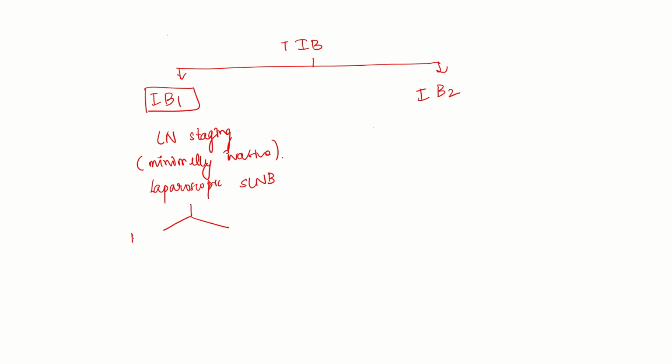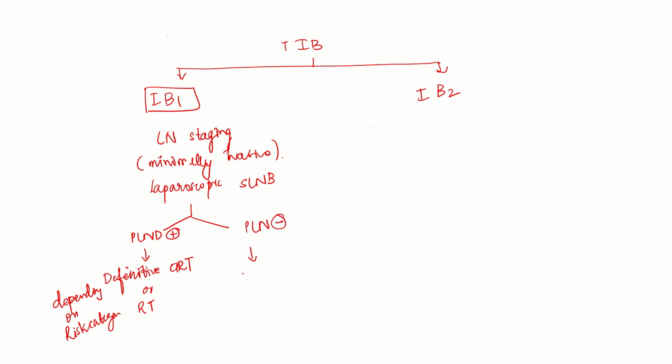If the pelvic lymph node is positive, then these patients should undergo definitive CT-RT or just RT, depending on the risk categories, which I'll discuss in the next topic. If pelvic lymph nodes are negative, then perform para-aortic lymph node dissection and perform a radical parametrectomy.